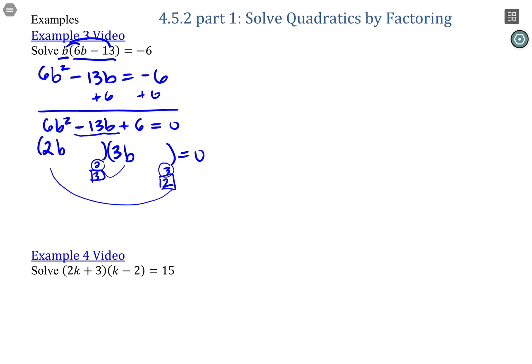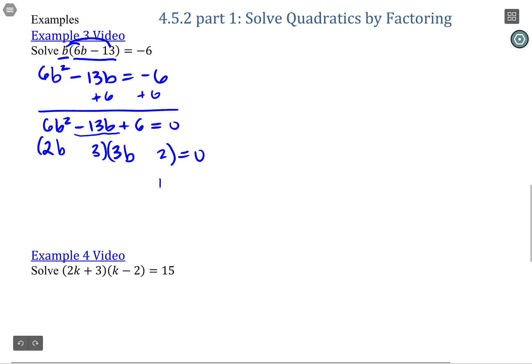And that actually does add up to 13, so that's looking good to me. So if I say 3 and 2, let me erase all this jazz that I scribbled down. So again, there's 4b, there's 9b, that adds up to 13b, but I actually want -13b, so I'm going to make them both negative.